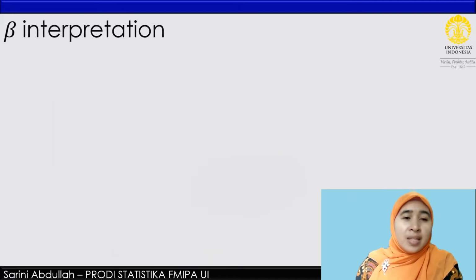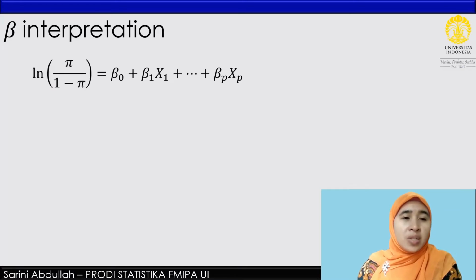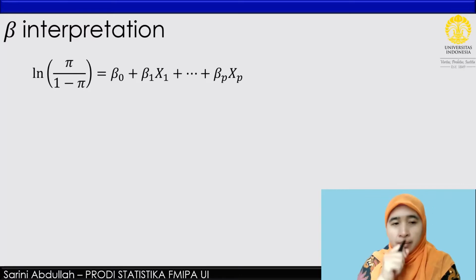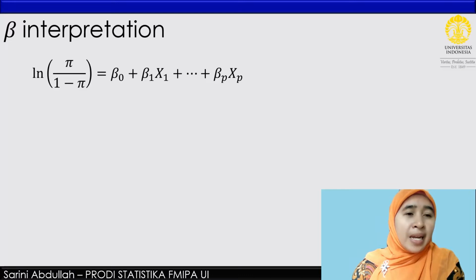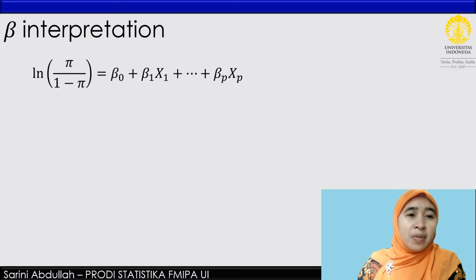And in this video, we will learn how to interpret the regression coefficient for the logistic model. So, again, let's recall the linear form of a logistic regression model: the logarithm of the odds is a linear combination of the predictor variables.